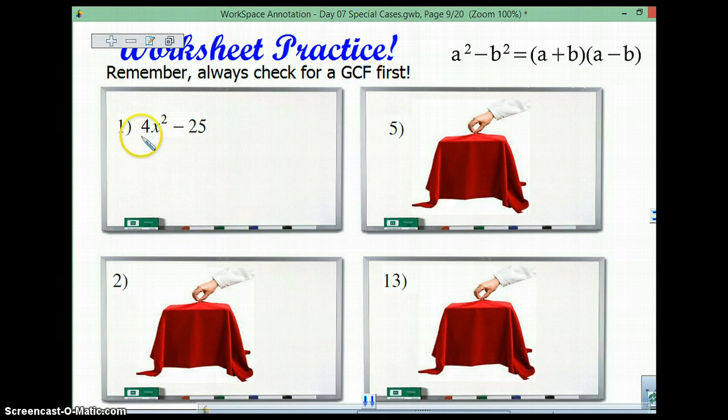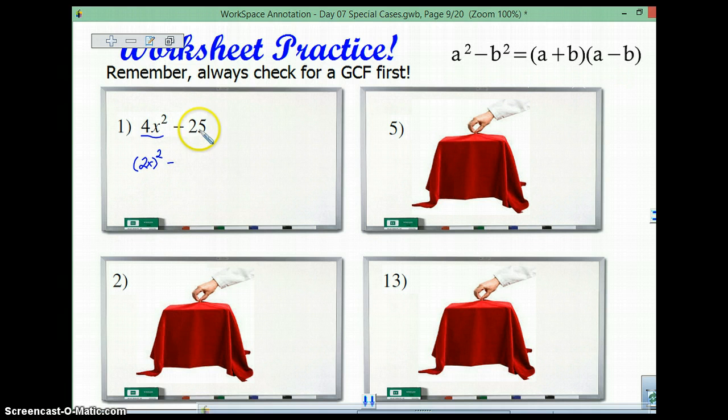If this is a squared, what is a? We can rewrite that as 2x squared. Do you see how it has the same form as a squared? Your a is the 2x. Minus, now we have a 25 here. This is our b squared.